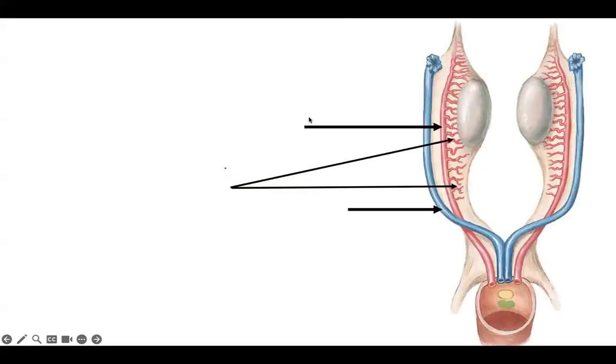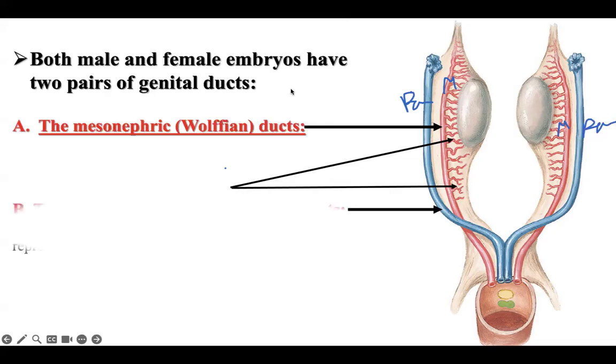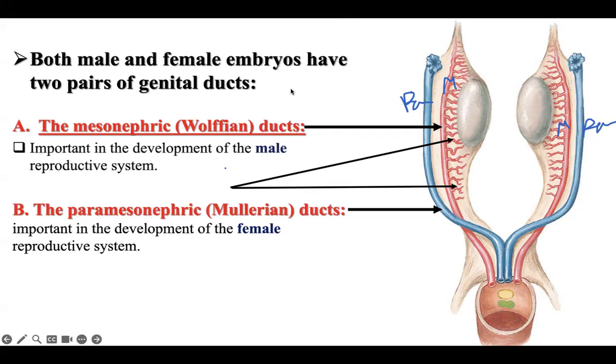The blue one here is the mesonephric, and this one, lateral and horizontal and caudal, we call paramesonephric. The mesonephric is named the Wolffian duct, and the paramesonephric is named the Mullerian duct.